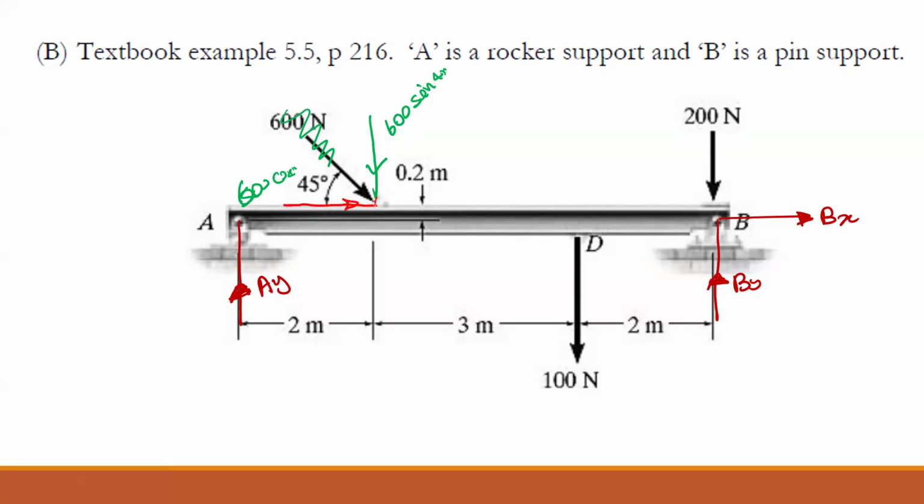Now let's take one by one. Let's take the moment first. When you take the moment first, it is easier. When you take the moment, I told you to select the point where you have mostly unknowns.